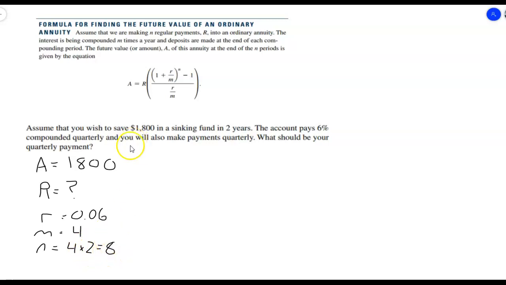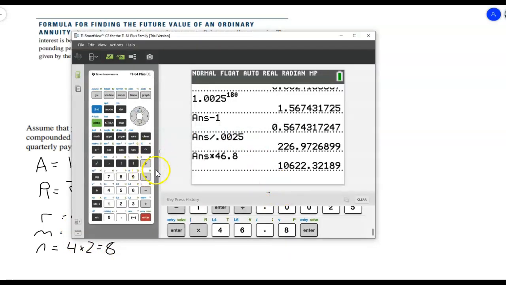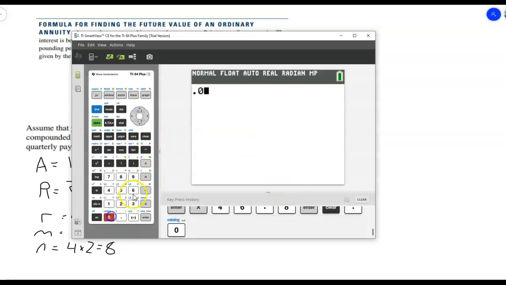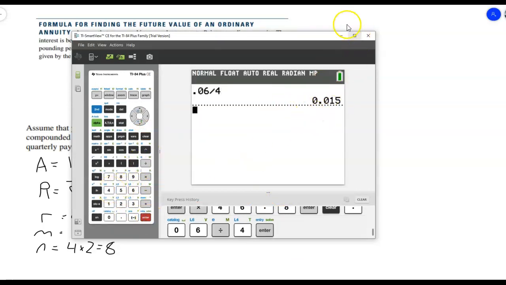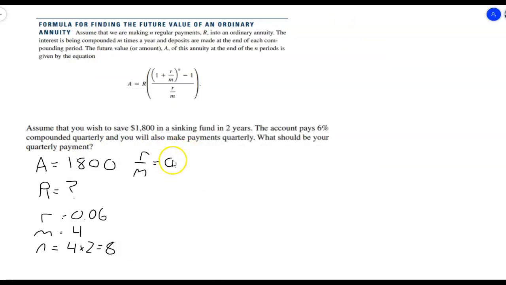Once again, it's helpful for us to get little r over M because we use it twice. That's 0.06 divided by 4. We get a nice number again, so it's just 0.015.